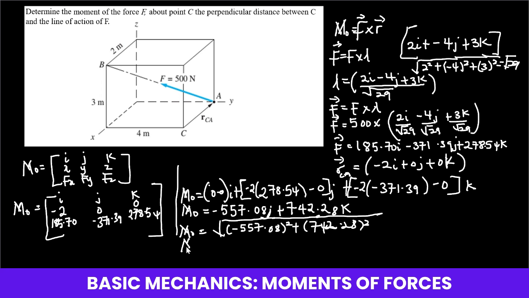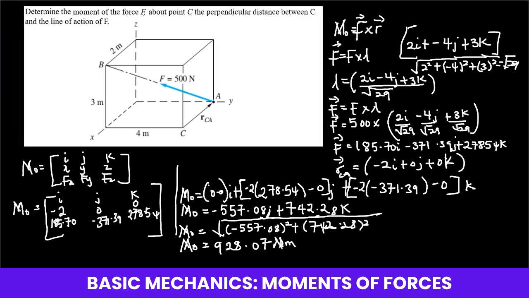We're going to get the magnitude of the moment to be equal to 928.07 Newton meters.